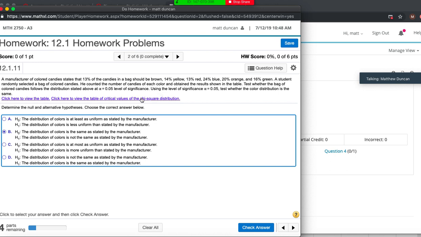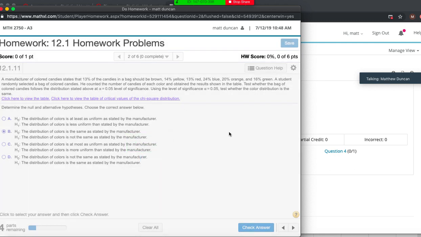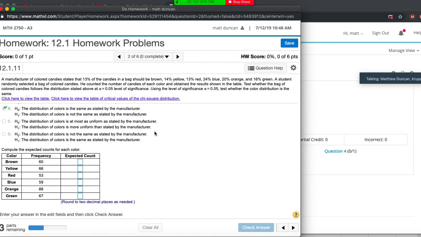They're stating that it's this distribution, 13% brown, 14% yellow and all those. You just have to go with that until you have enough evidence to overturn it. So we assume that what they said is true, or we say it's not that. And that should be our answer there.